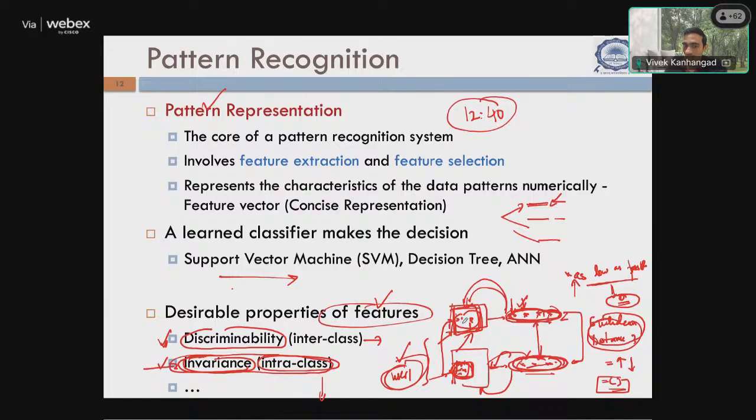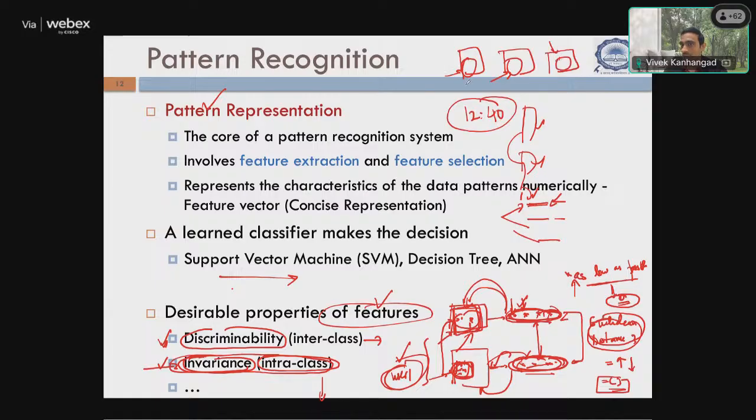So intra-class variation means that within the class you can have a set of images of the same person, but there can be some differences. Here it's scale. It could be illumination as well, right? For example, one image you have taken in a very nicely lit scenario, but the second image you have captured in an outdoor scenario with a washed out appearance, a lot of exposure to light. Maybe the third image is at night, in very low light conditions.